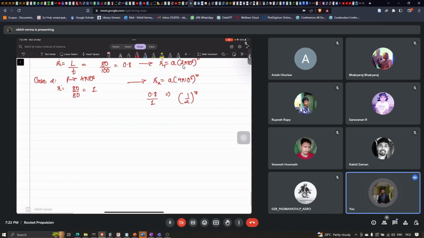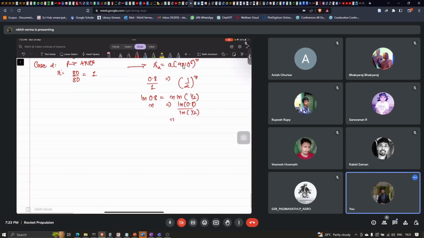If you solve this equation, if you take log on both sides, n is ln 0.8 divided by ln 0.5. You will get this value as 0.3219. I hope you got the same answer, right?